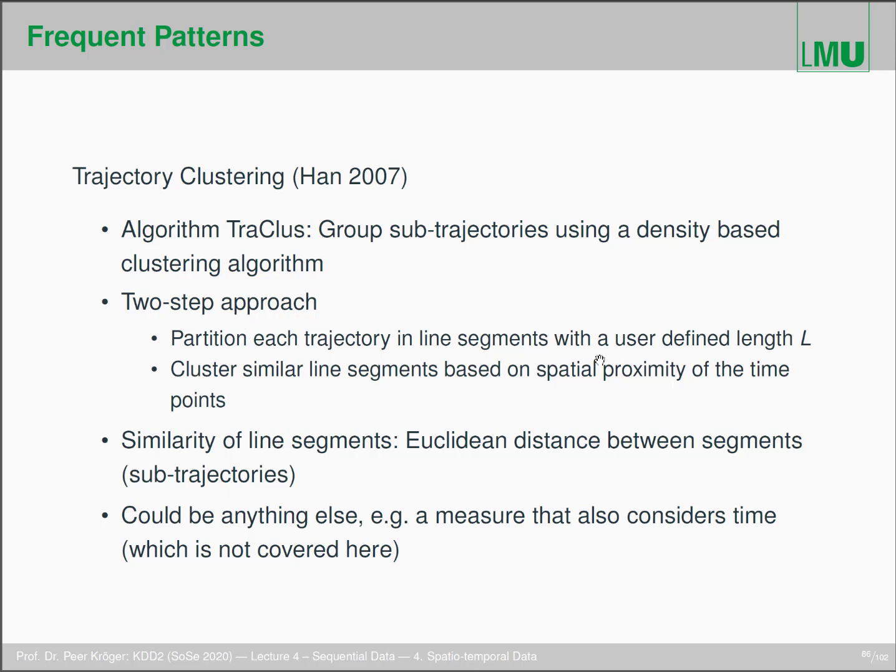So again, the partition or the summarization in line segments is just because you want to get rid of the extreme details of trajectories that can be really detailed, so that you just summarize segments where the trajectory doesn't move too much, with respect to direction or whatever. So of course you can also think about a different first step here, a different segmentation, of course.